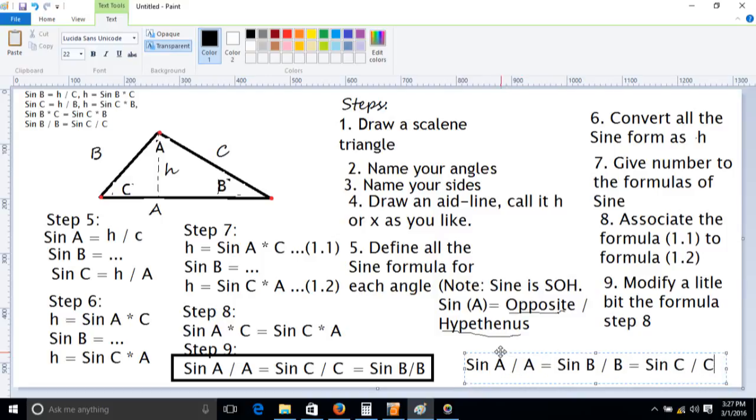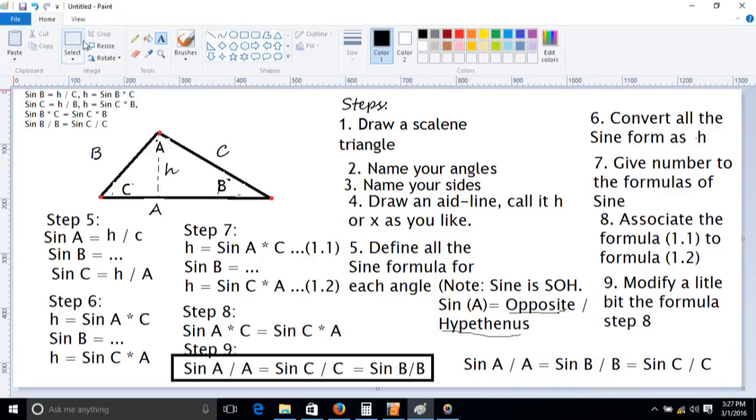So it will go like this. Now you're done, and that's how to prove sine A over a is equal to sine B over b is equal to sine C over c using two triangles.